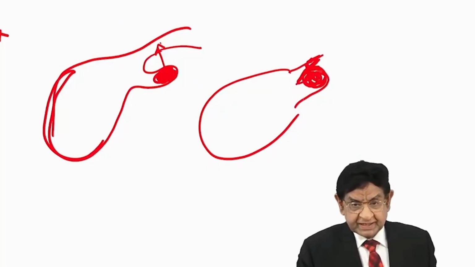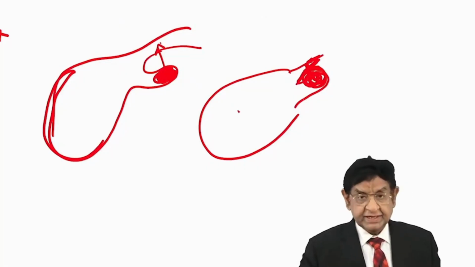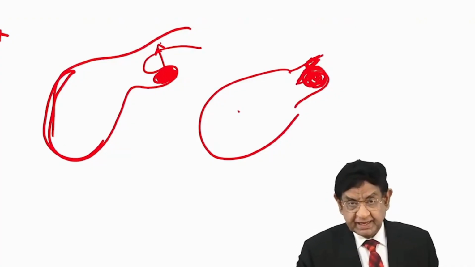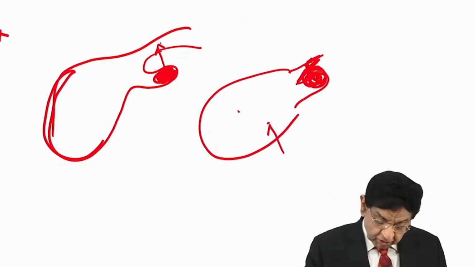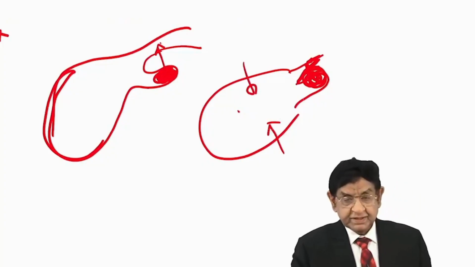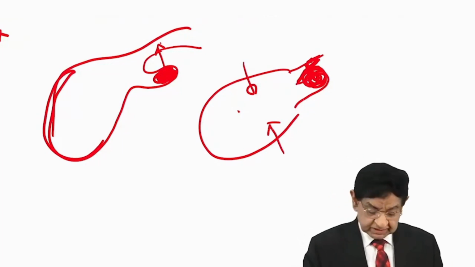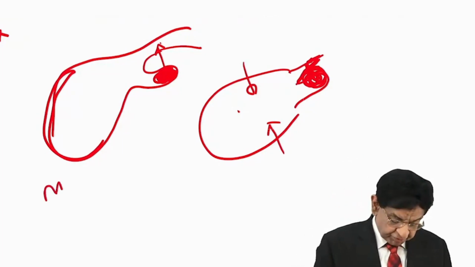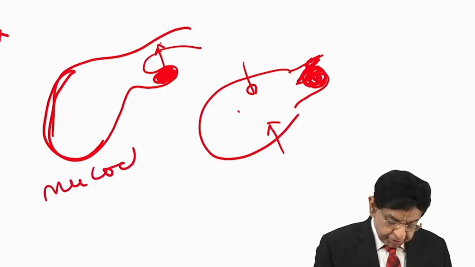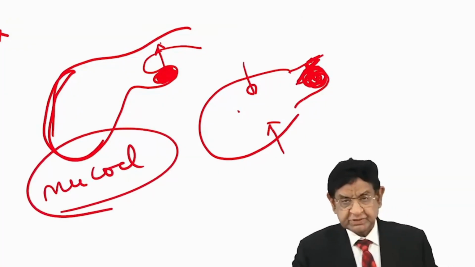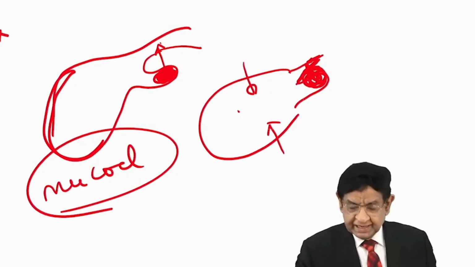Complete blockage is there. So it contains a little bit of bile, and now mucus is continuously coming for days together. So now this gallbladder will be full of mucus, and that is the basic pathophysiology of why a mucocele is produced, about which I'll be talking to you later on.